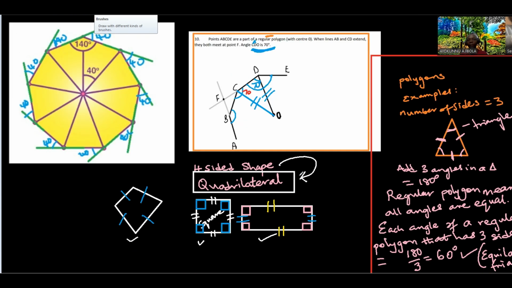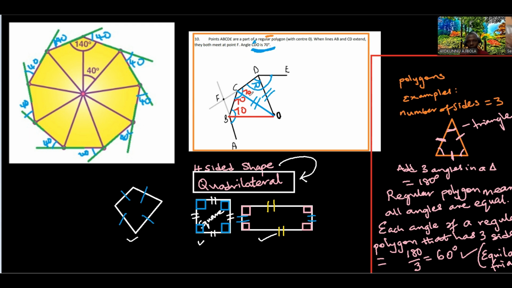Now this time around, we have the other angle. We can try to join this side to this. If we join it, then the line will be equal as well to the other lines. Then it will make 70 degrees also.